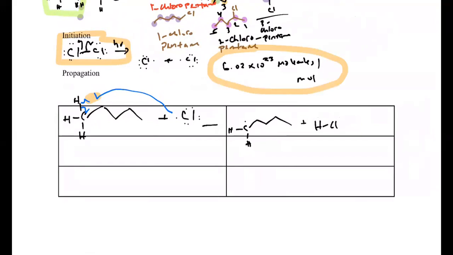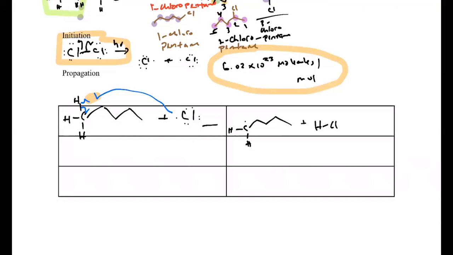If I start with 1 mole of chlorine, then I've got Avogadro's number of atoms per mole, or Avogadro's number of molecules per mole. Make sense? So you will not run out. You've got enough chlorine to choke a horse. You won't run out.